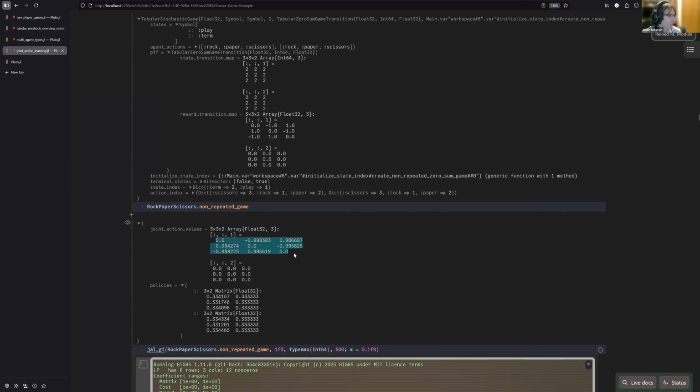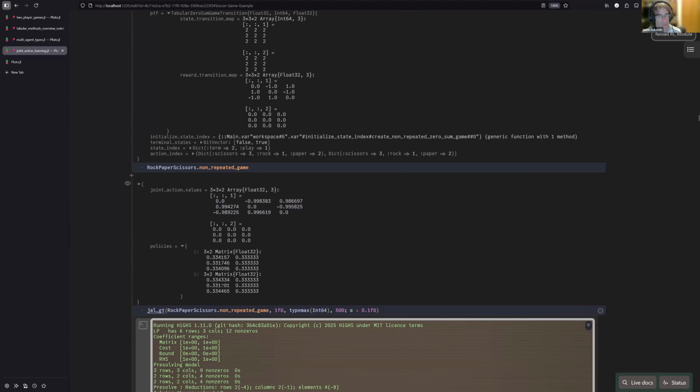And then if we solve this minimax game with linear programming, we get a minimax solution where each player chooses with uniformly random probabilities.